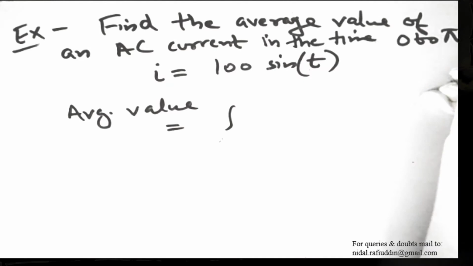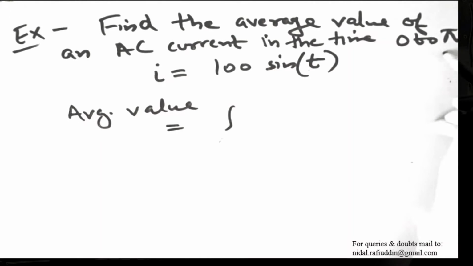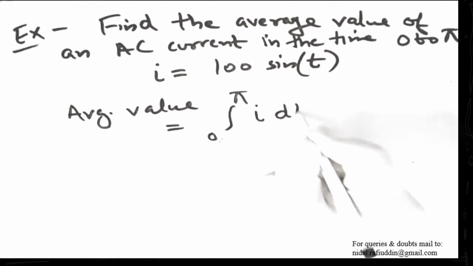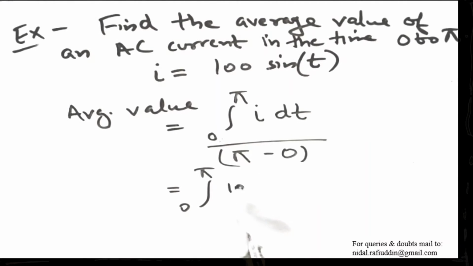So let us say that it had been defined in the question that the average value of the current is to be computed between the limits 0 and pi. So we got the limits as 0 and pi, and I dt divided by pi minus 0. So we obtain this expression by definition, and when we place the values as 0 to pi, I is given as 100 sine t dt divided by pi.